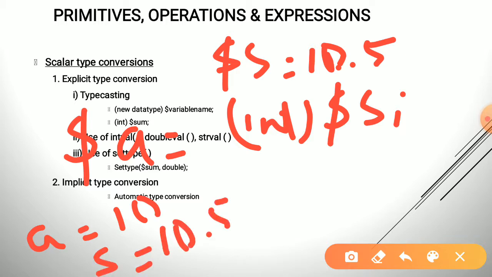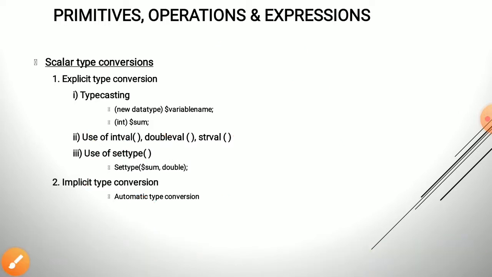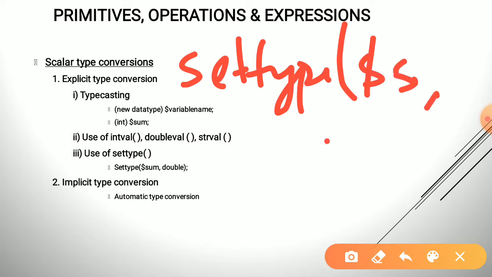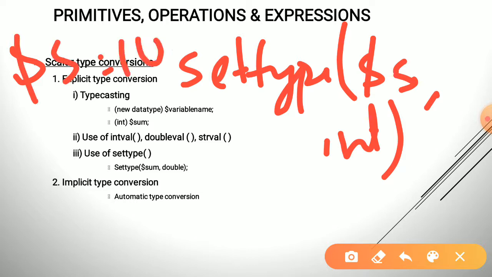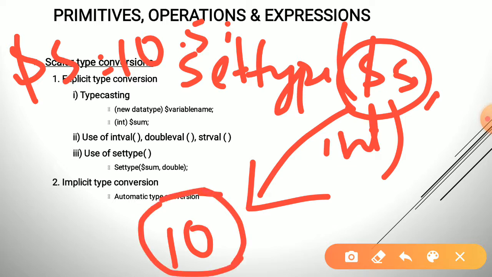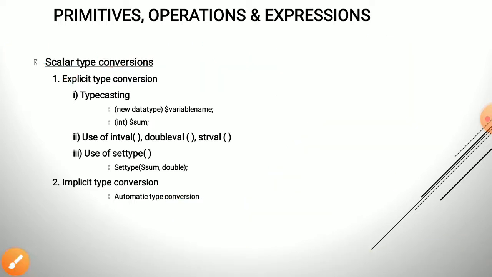But in case of the settype method, if we use settype($s, integer) where $s = 10.5, then the value of $s will be 10, not 10.5. So this is the difference between typecasting and use of the settype method.